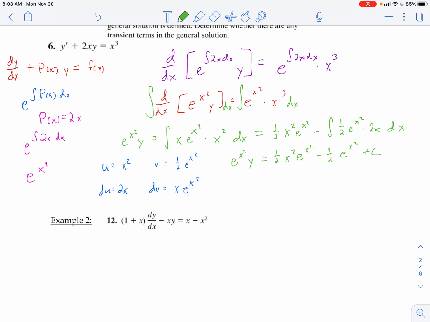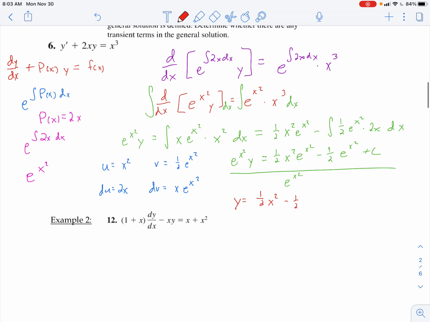Now again, I'm trying to solve for y, so I'm going to divide everything by e to the x squared, and so here's my final answer: y is equal to 1/2 x squared, the e to the x squareds are going to cancel out, minus 1/2, and then plus c times e to the negative x squared.